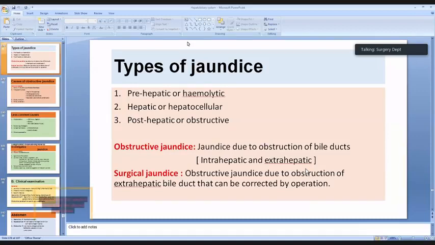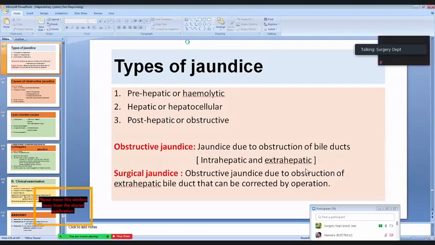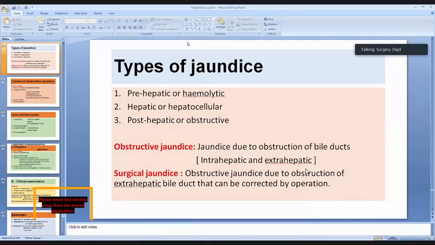After conjugation of bilirubin, it is excreted into the bile canaliculi, and through the biliary channel, it will be excreted into the bile. So obstructive jaundice results from obstruction of this biliary outflow. So obstructive jaundice means the jaundice due to obstruction of the bile duct. This bile duct may be intrahepatic, may be extrahepatic.